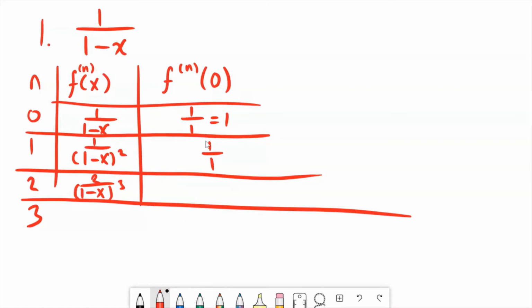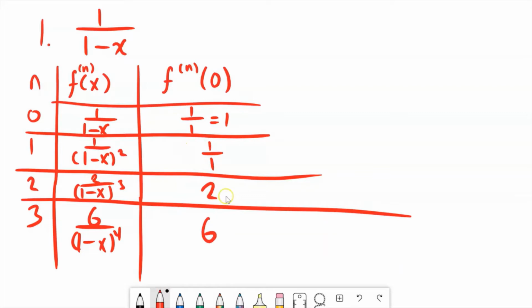And if we plug 0 in, we get 2. And then if we do the next one, it would be minus 3 times 2 times negative 1, and then raise it to the 4th power. So it's going to be this. I'm just doing the derivatives quickly, but again, take your time with this, especially if you're doing it on your own. Then if I plug in 0, I get 6.